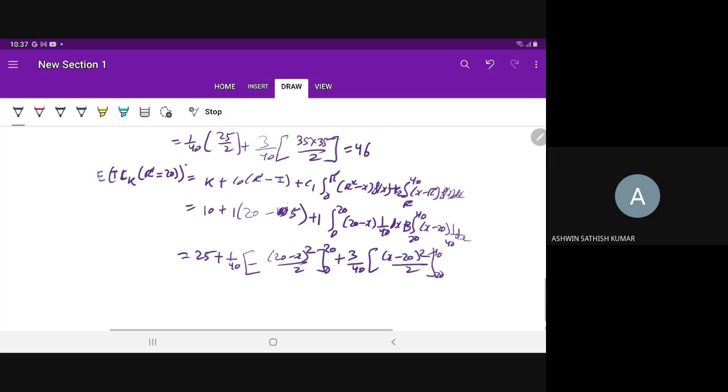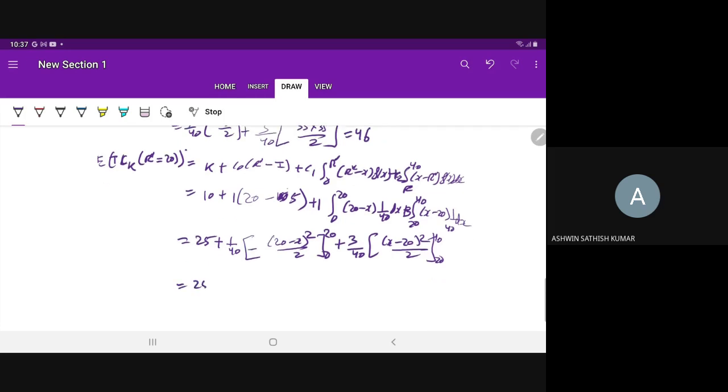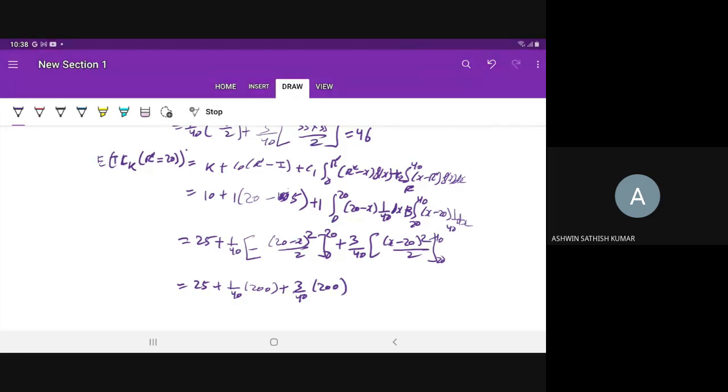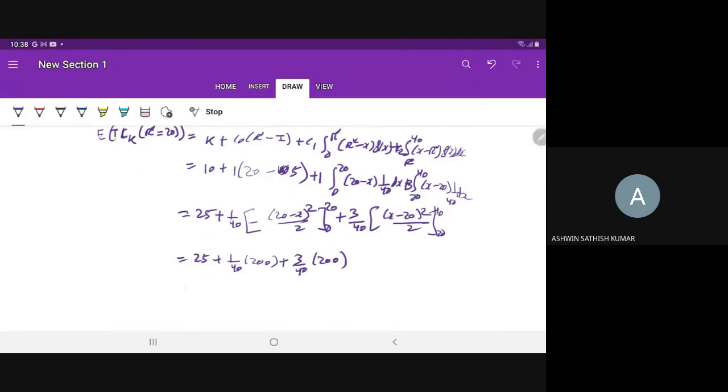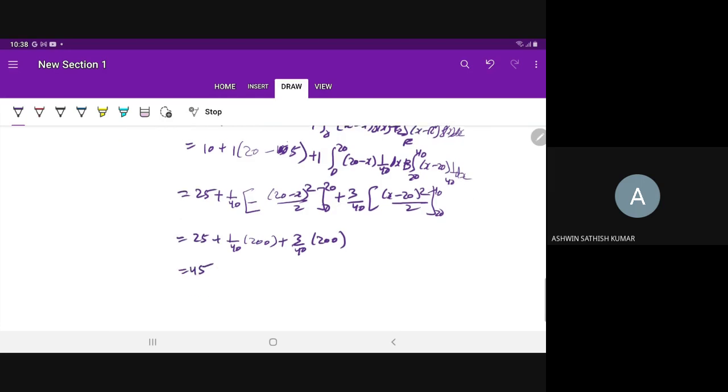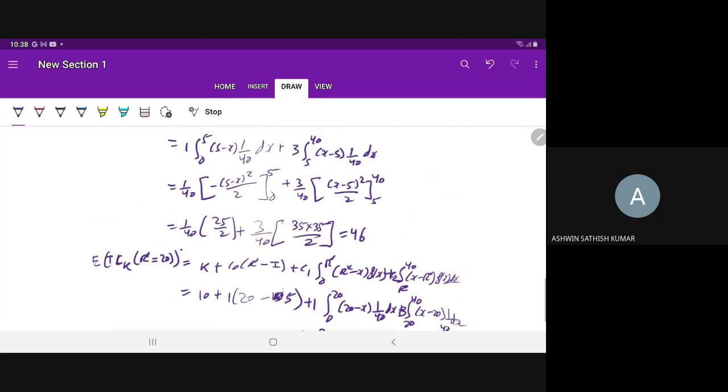So this will give you 25 plus 1 upon 40 times 200 plus 3 upon 40 times 200. So it will come 45. So when you are placing an order, the cost is coming 45. When you are not placing an order, the cost is coming 46.